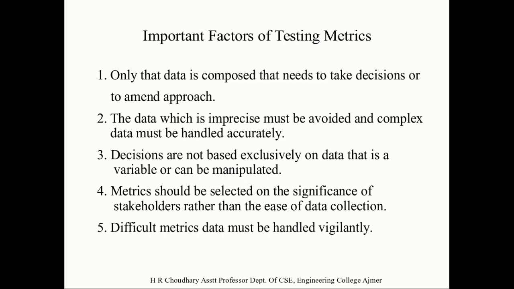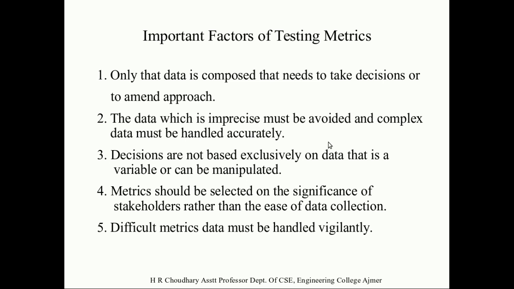So in software testing metrics, we only compose the kind of data that may change or provide certain decisions. The second point: data which is imprecise must be avoided, and complex data must be handled accurately. So data which is not required should be avoided, and complex data must be handled very carefully.